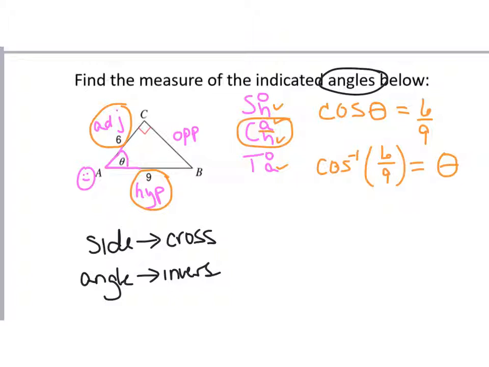So in the calculator, when I hit the trig button next to the 7, the second row of trig functions are my inverses. So I'm going to choose the cosine with the little -1 of 6 divided by 9, and that gives me 48.19 degrees. So my angle equals 48.19 degrees.